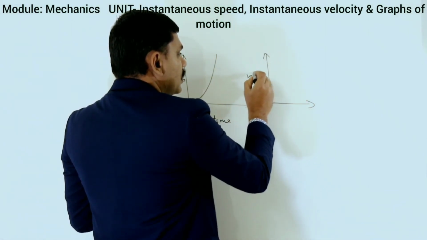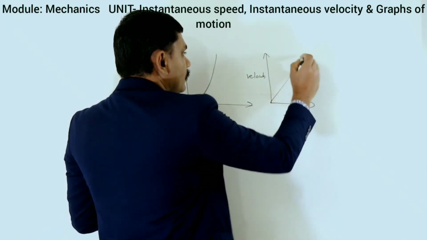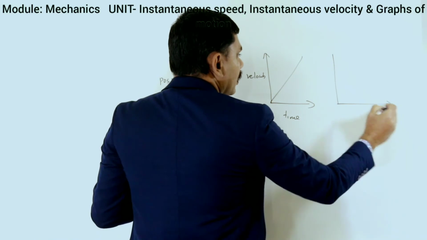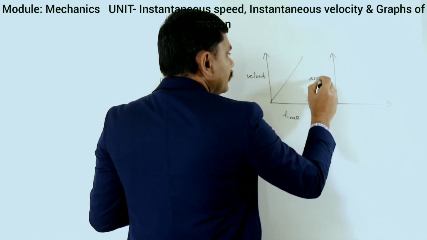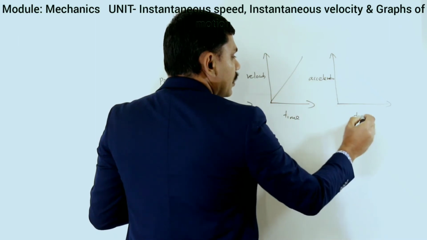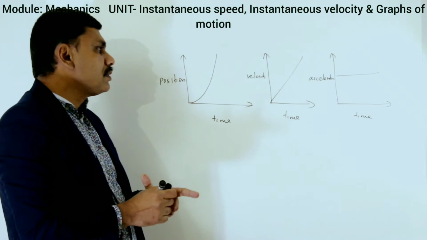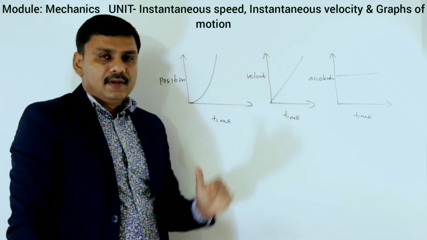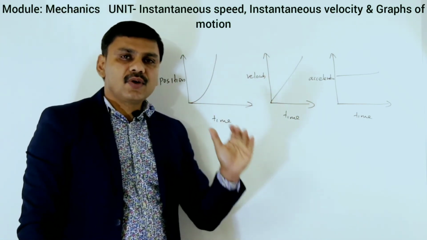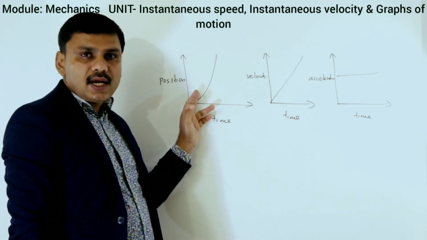With velocity time, and with acceleration time. These three graphs represent the same thing: the object is moving with a constant acceleration.